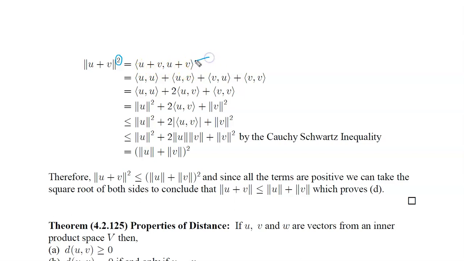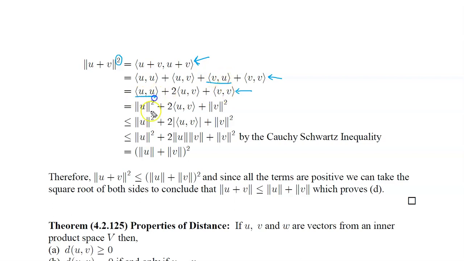Now just break this apart using the distributive properties for the inner product, and we get this right here. So sort of like foiling: inner product of u,u, u,v, v,u, v,v. And we end up with this. Notice the 2 times inner product of u and v comes from uv plus vu, and this is equal to uv because we can move them around by the commutative property.